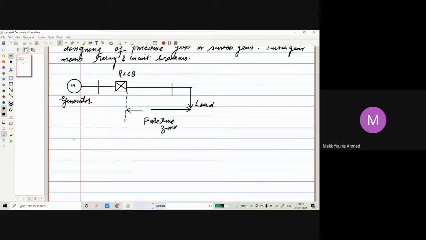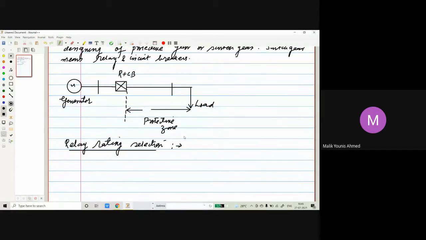Now let's see what should be the relay rating selection. What should be the relay rating selection? Let's see how we can choose the rating of the relay.